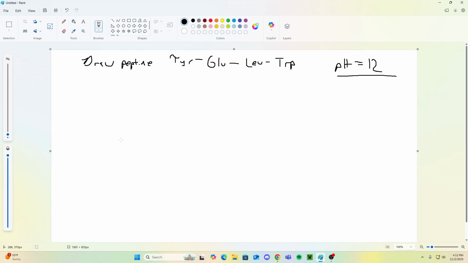So because it's a pH of 12, more likely than not, because of the pKa value of an amide group, this amine group is going to be NH3 plus at pH of 7. But because the pKa is 9, or roughly around 9 to 10, when it gets above this threshold, it's going to be deprotonated and have a value of NH2.